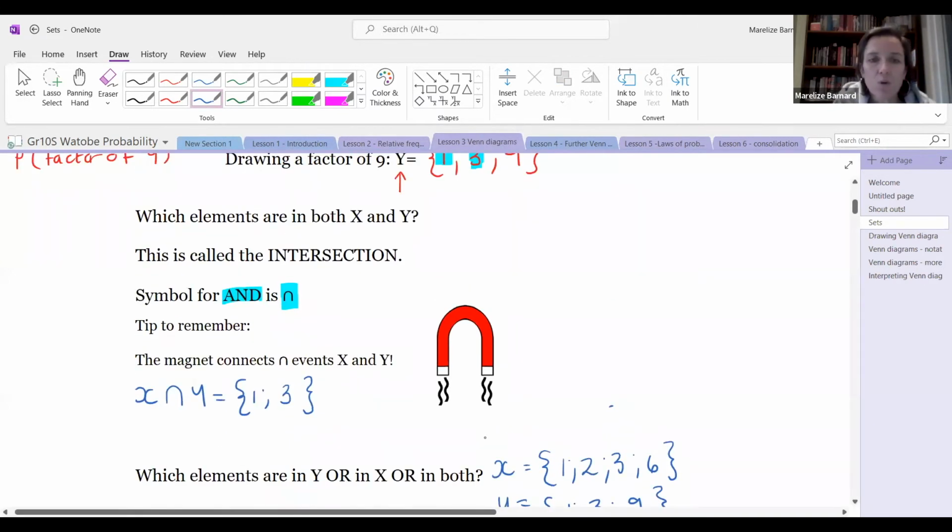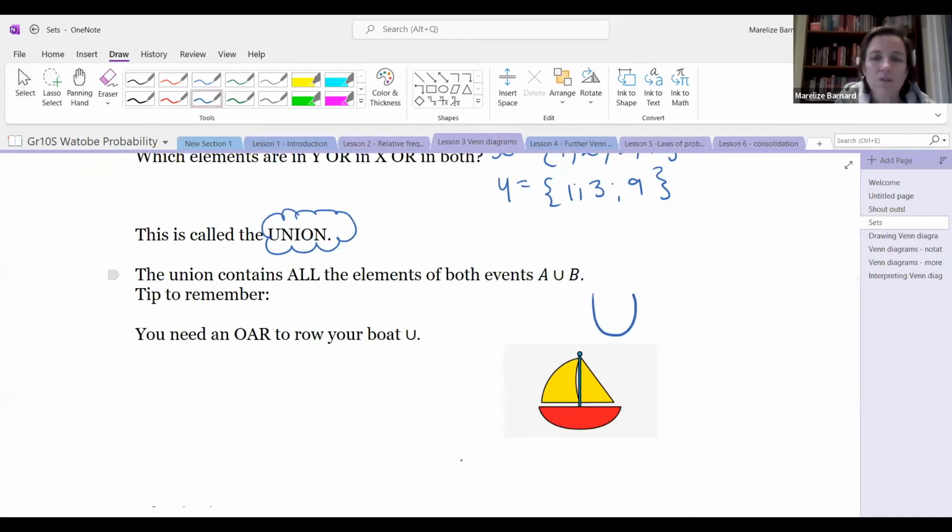So if we talk about and, that is the intersection, that's the overlap. And if we talk about or, it is everything plus the overlap, everything together.